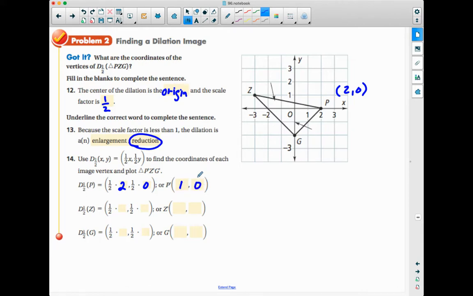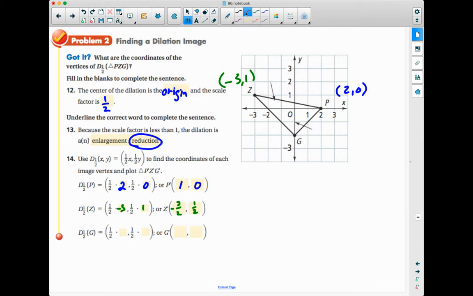So that is my coordinate for P'. Z has the coordinate (-3, 1). So I'm going to do half of -3 and half of 1. Half of -3 is -3/2 or -1.5, and half of 1 is 1/2. So there's the coordinate for Z'.